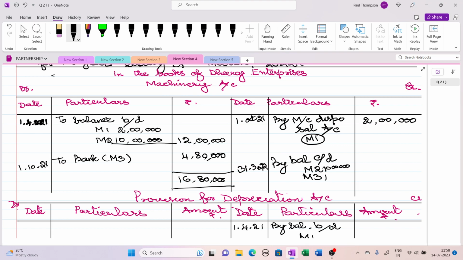So what is the closing balance? 14,80,000, and the 2 lakh machine has been sent to the disposal account because we are going to sell it on 1st October.